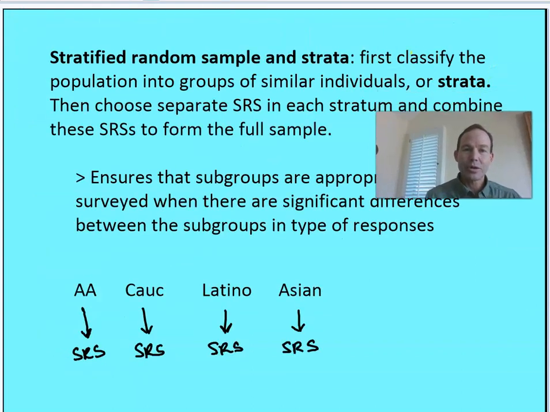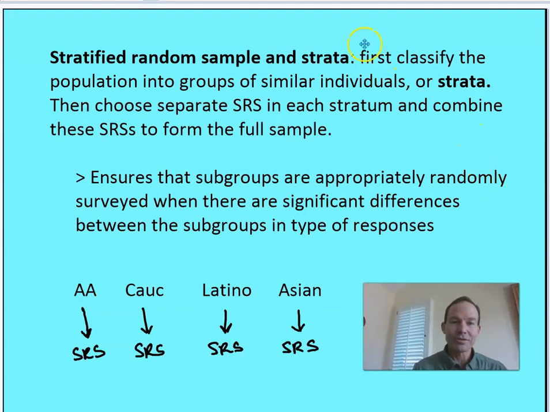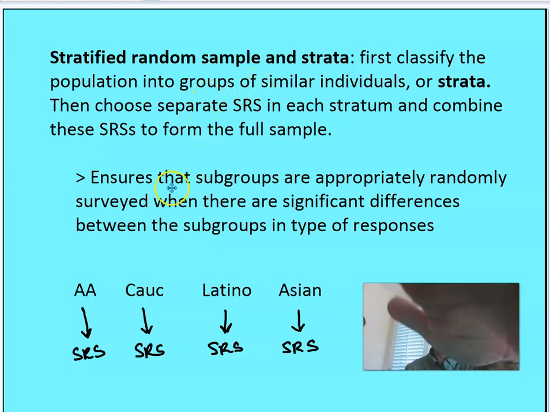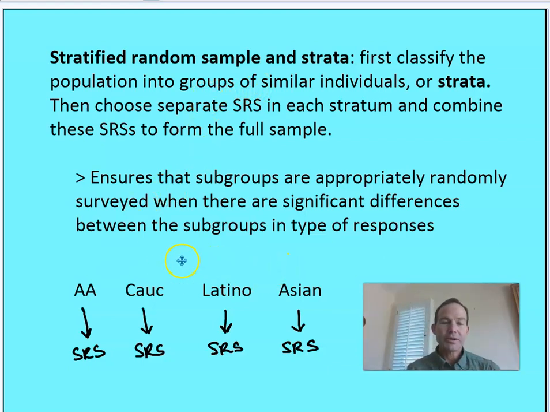All right, so let's talk about stratified random samples, and strata. We're first going to classify the population into similar individuals, or strata, or groups of individuals. Similar meaning not between the groups, but similar within a given group.